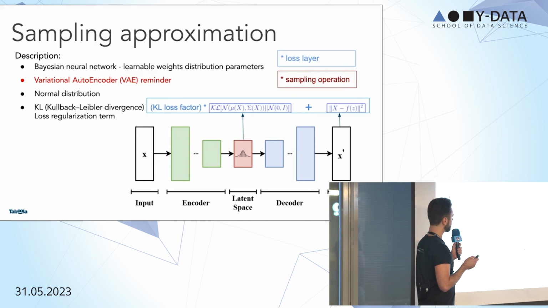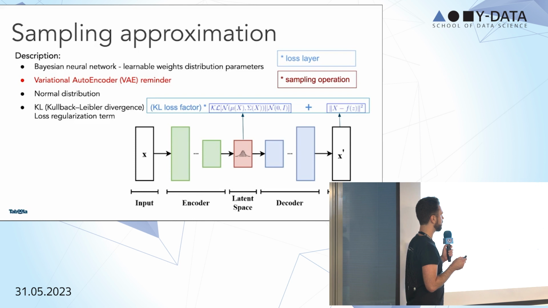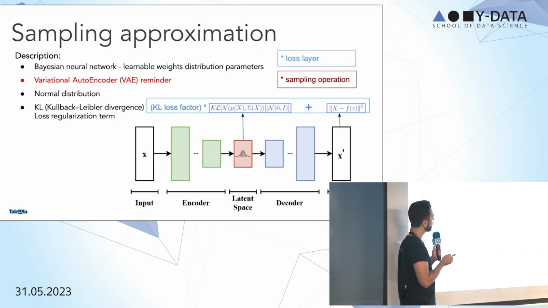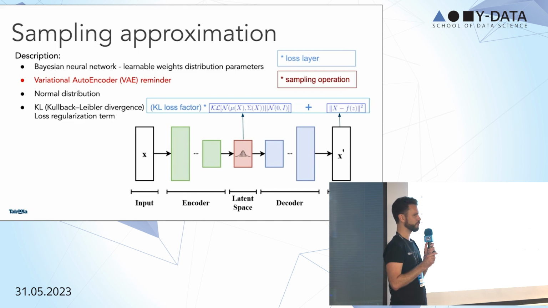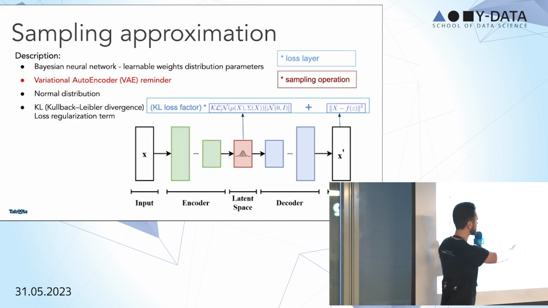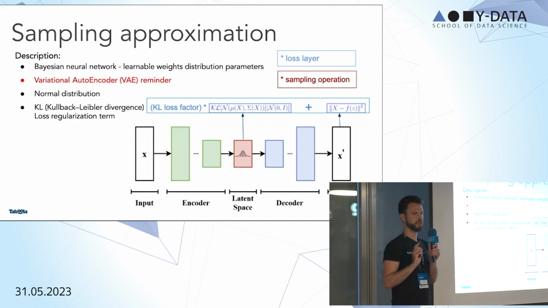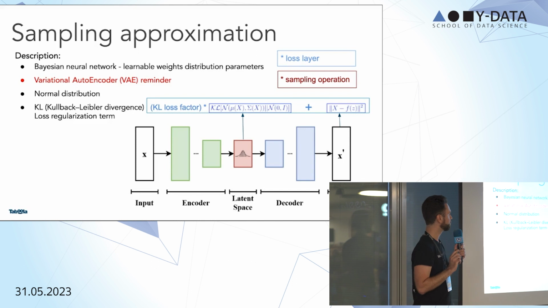So we learn a mu and sigma, and then we have our reconstruction loss. How far is our decoded output from the initially encoded input? This is x minus f(z). In our case, it's a cross-entropy loss.